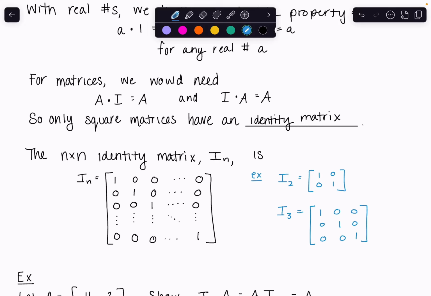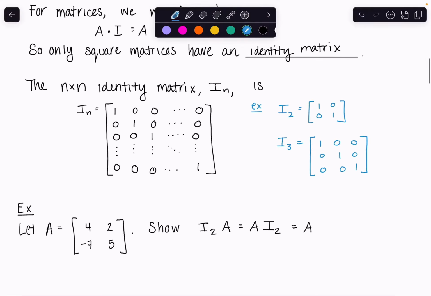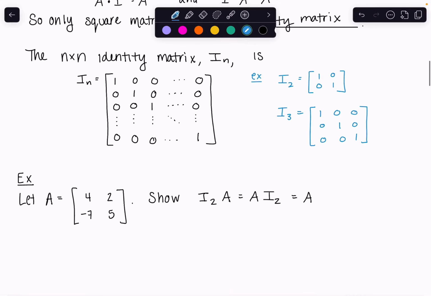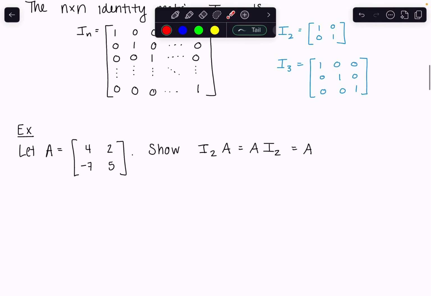So to show that if I multiply a matrix on either side by I n, you get exactly the same back, we're going to do this with a 2 by 2 matrix. Given A has the elements 4, 2, negative 7, and 5, we're going to show that when we multiply it on either side by I2, we get the matrix A back.